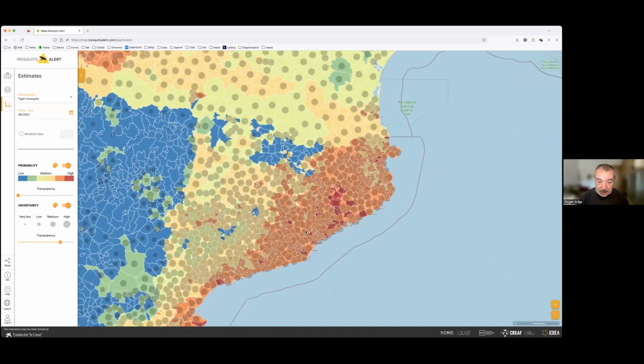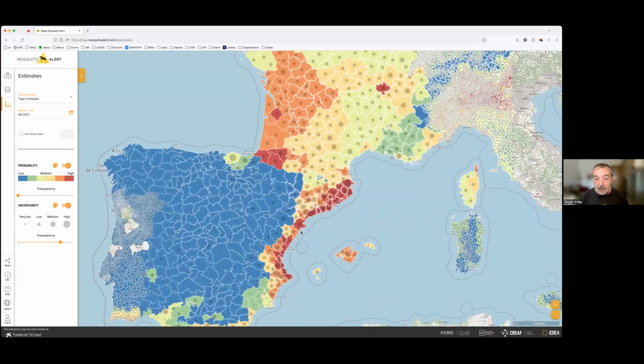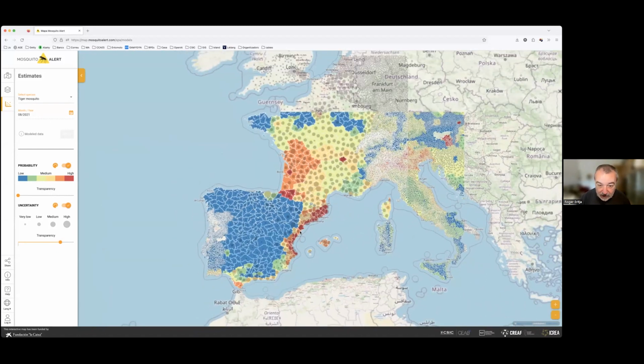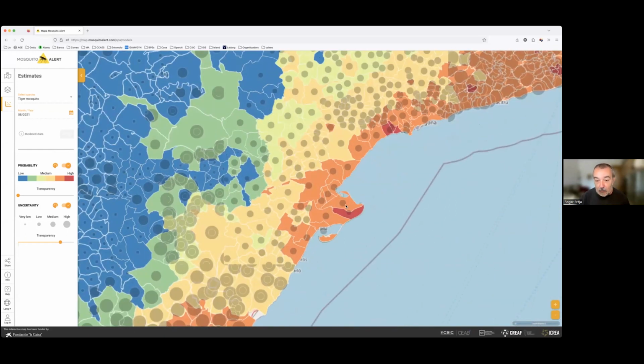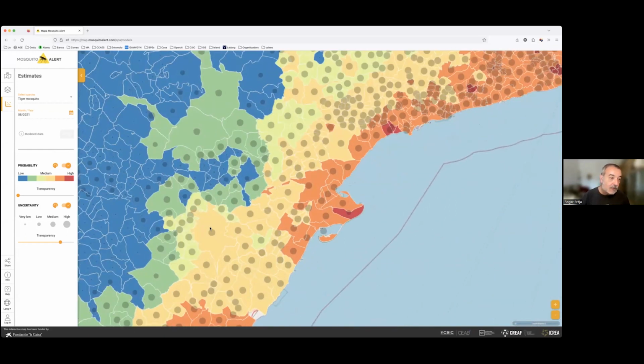It's sensitive to the scale, so when you zoom in, the geographical level will also split into smaller sections. Then you can check which municipalities in each province are contributing the most to the global probability in this area. Municipalities are the lowest scale models.